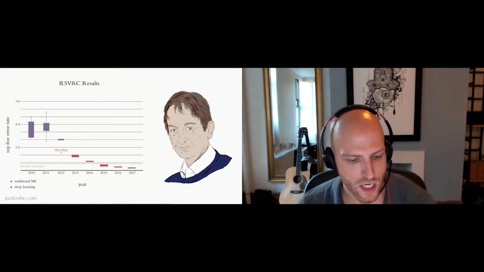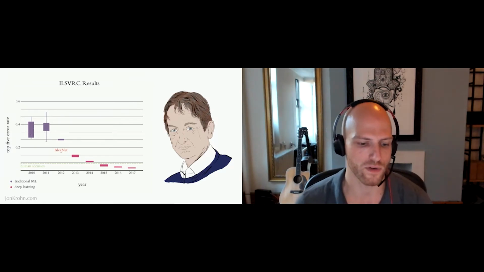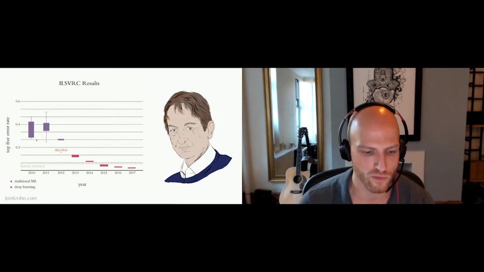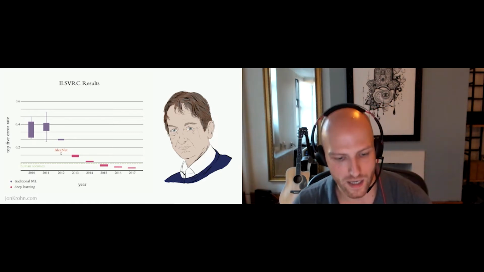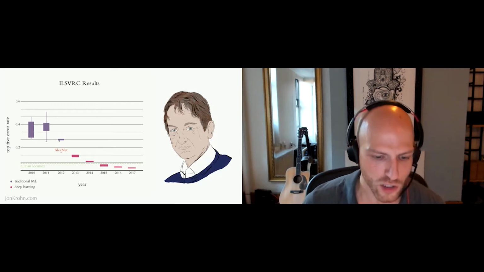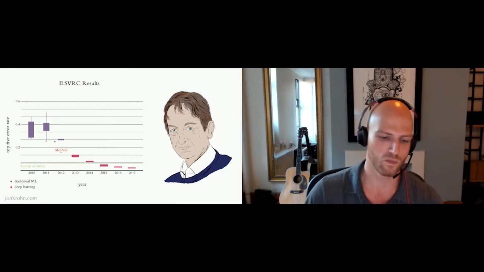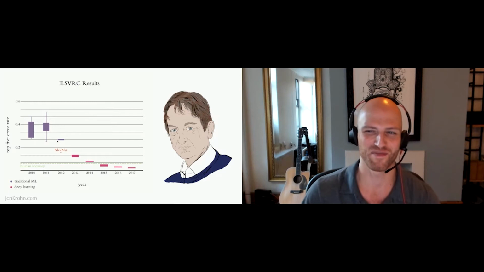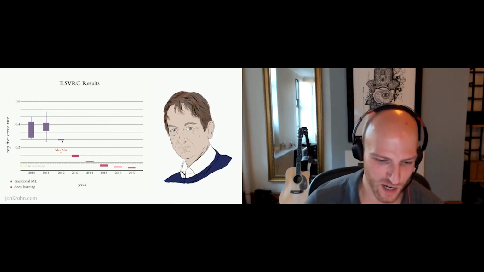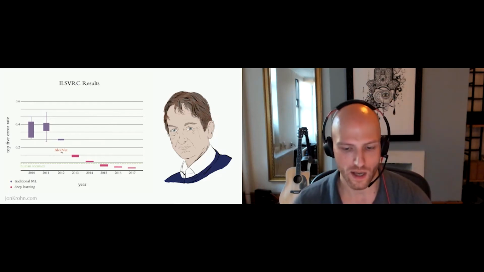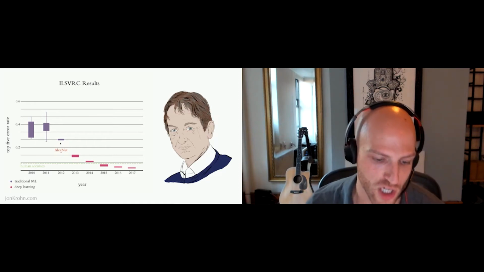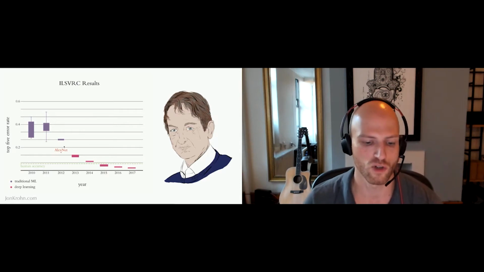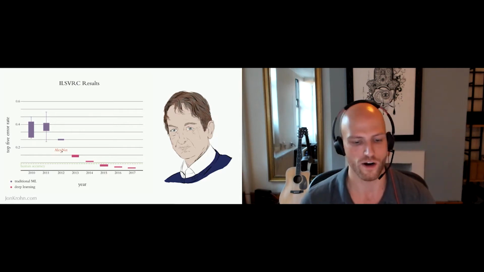So year over year from 2010 to 2011, we saw a marginal improvement in the top performing model. The error rate goes down slightly. And then in 2012, if AlexNet had not been entered into the competition, there actually would have been a modest worsening year over year. But instead, Alex Krizhevsky, Geoff Hinton, and their team did enter AlexNet into the competition, and the error rate was reduced by a third year over year.